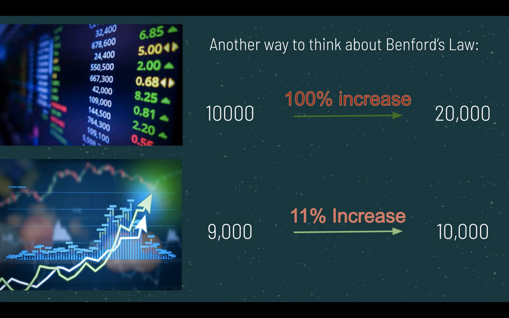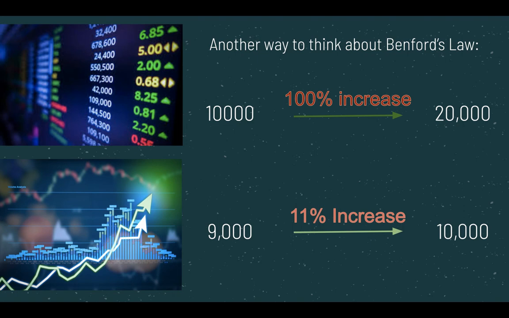But if the Nasdaq was at 9,000, well then how could a leading digit of nine get to a leading digit of one? It would just need to go to 10,000, but that's only an 11% increase. That's way less mileage than a 10,000 getting to 20,000.